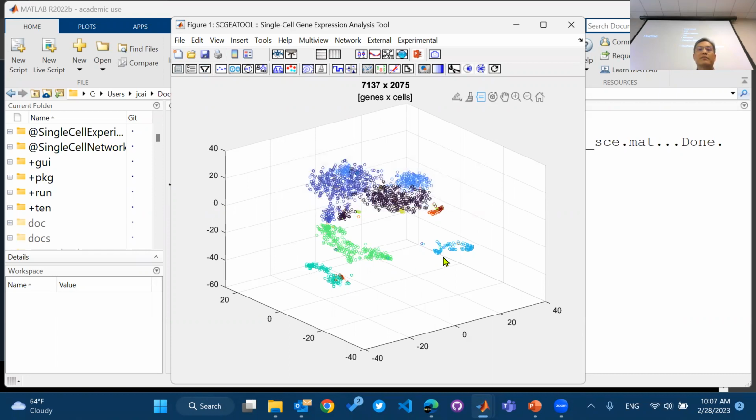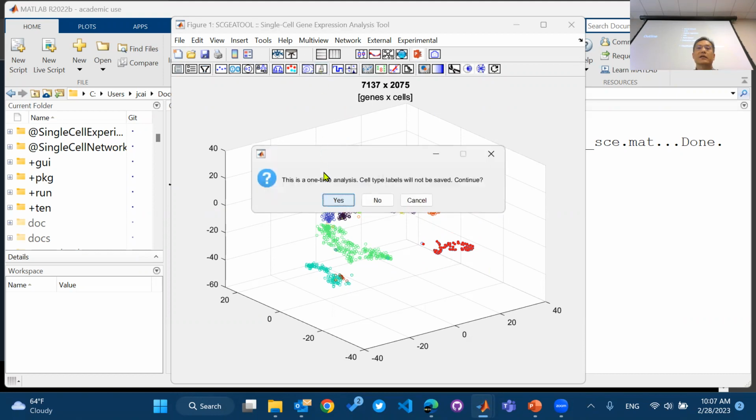We can also do it manually. For example, we can select by brush. There's a small brush next to this automatic annotation to say I want to use manual annotation.